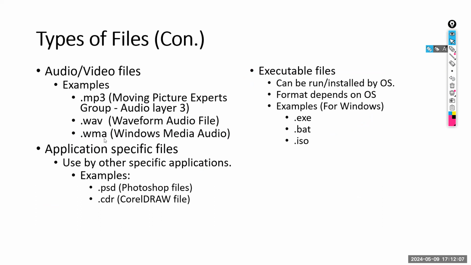MP3, Wave, Windows Media Audio, WMA, those are all audio. Then some other application specific files like PSD for Photoshop, CDR for CorelDRAW. And these are some examples of executable files that you can run: EXE, BAT, ISO, especially ISO, which is used for installations.